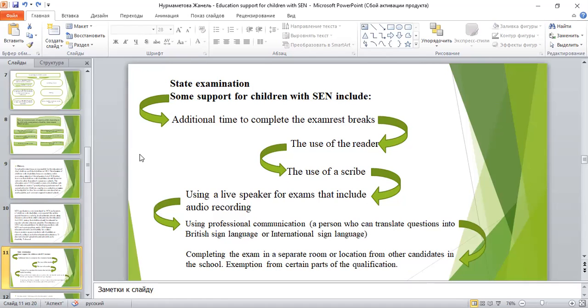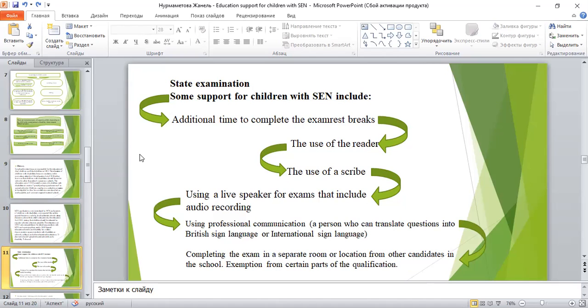The use of a reader, the use of a scribe, and using a live speaker for exams that include audio recording.